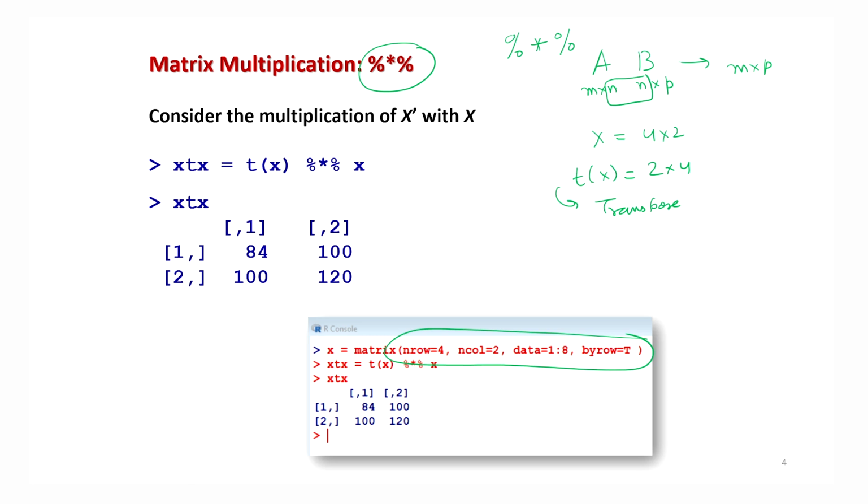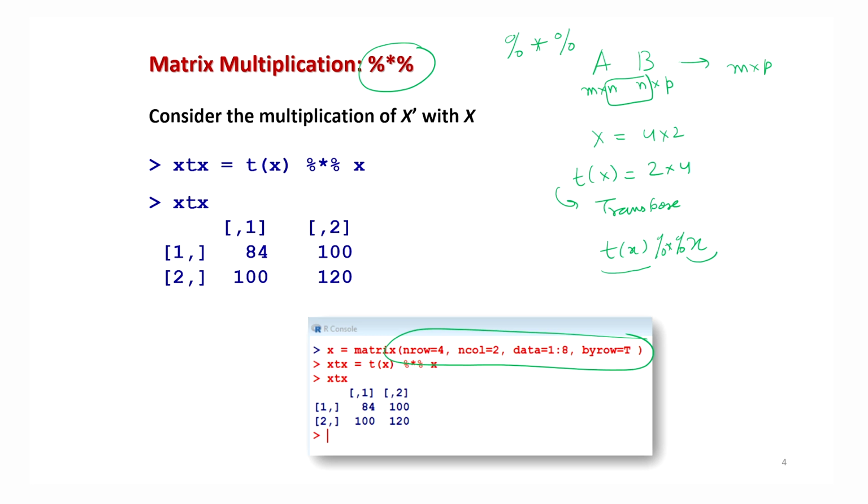In the transpose, the number of rows and number of columns are interchanged. And in case I try to obtain t(x) %*% x here, then the order of this matrix and the order of this matrix will satisfy the matrix multiplication condition. Right.